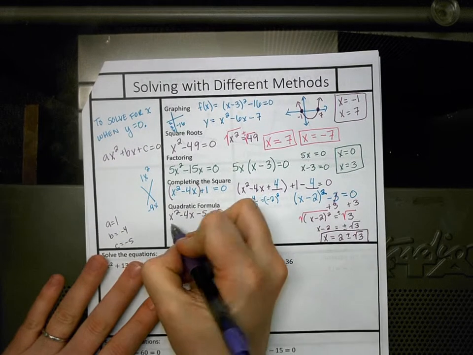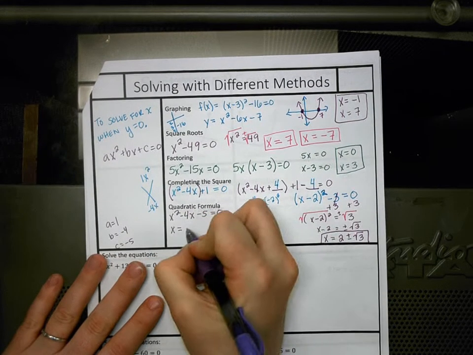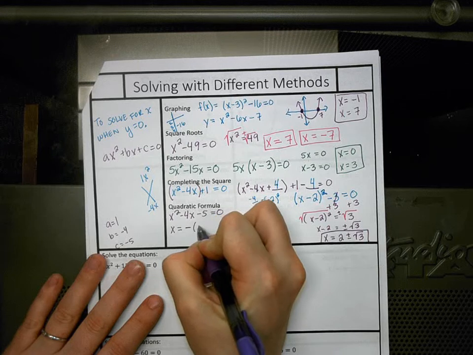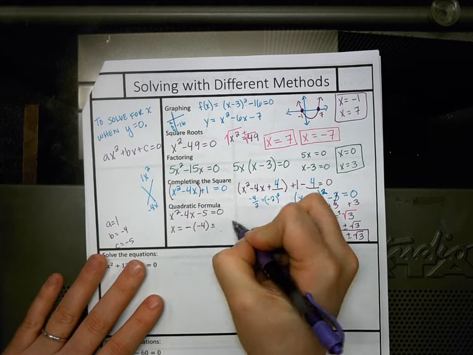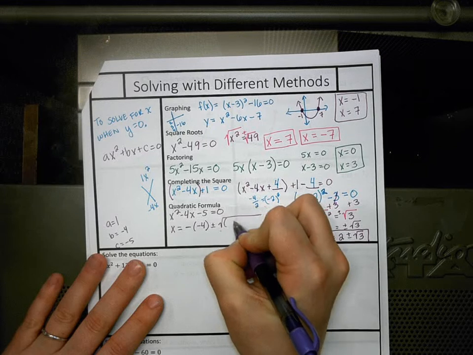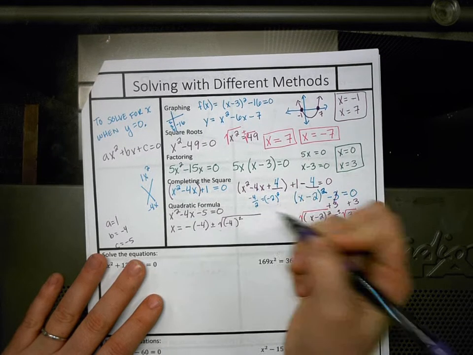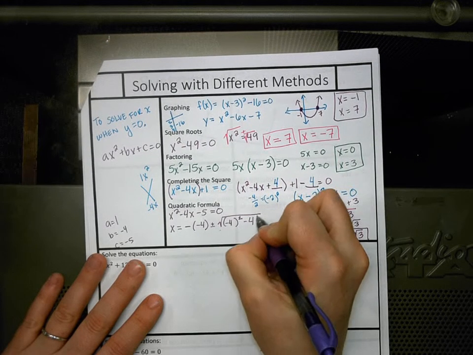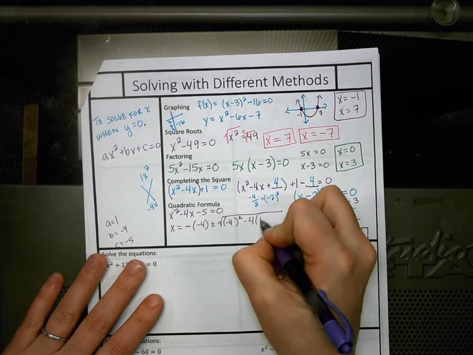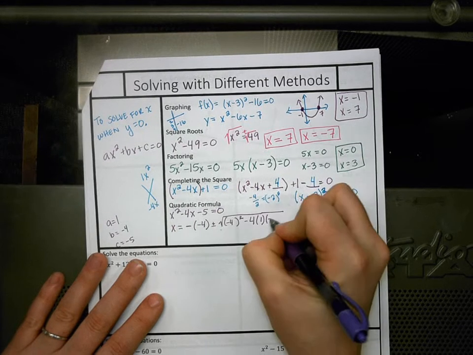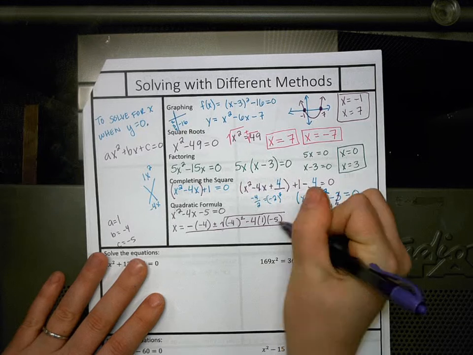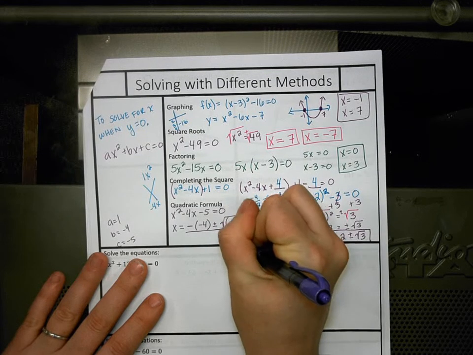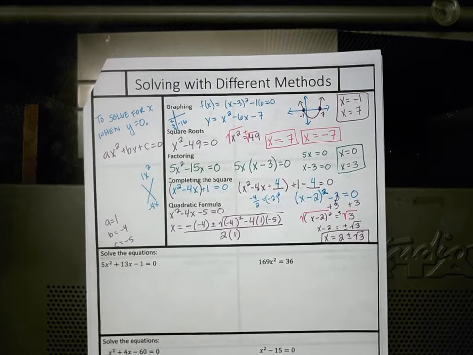So what I'm going to do is plug those into the quadratic formula, which means I'm doing negative b, which is negative 4, plus or minus the square root of b, which is negative 4, squared, minus 4 times a, which is 1, times c, which is negative 5, all over 2 times a, which is 1.